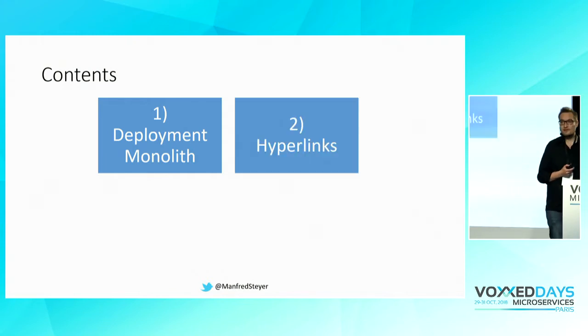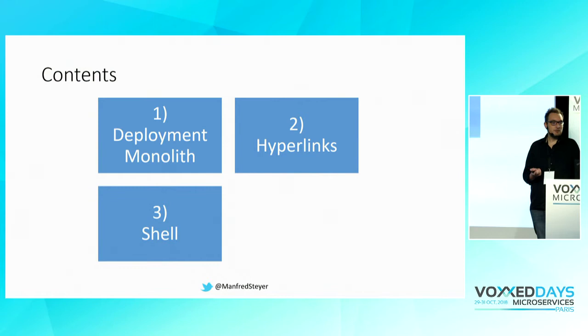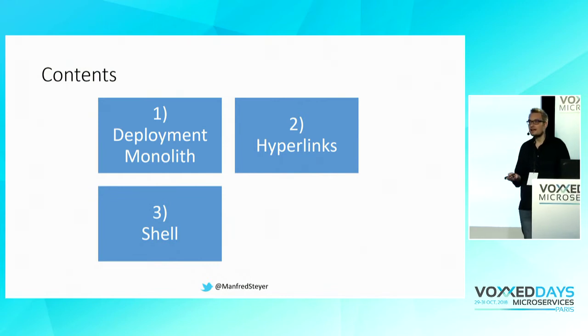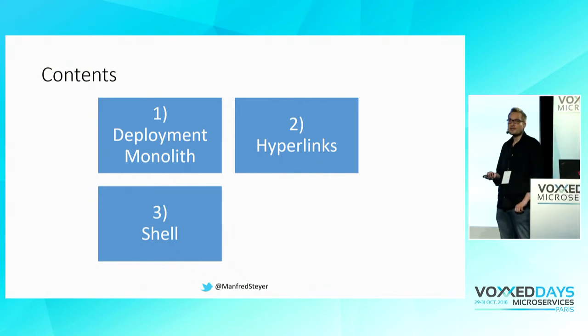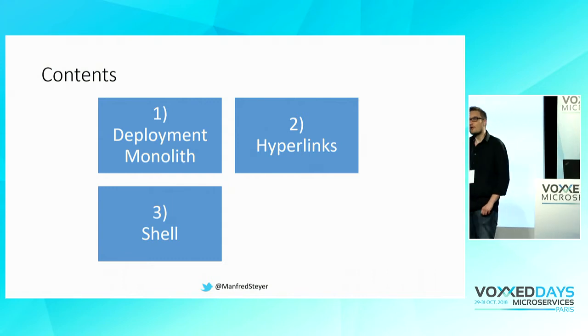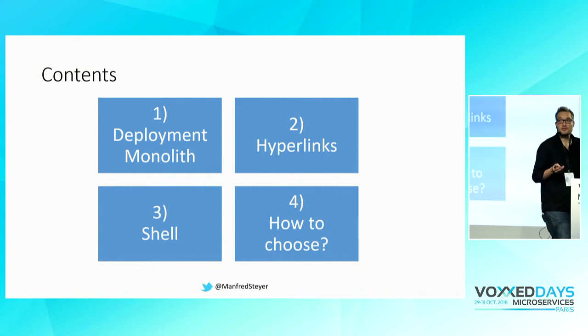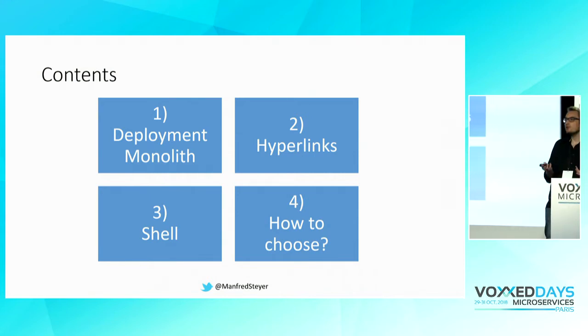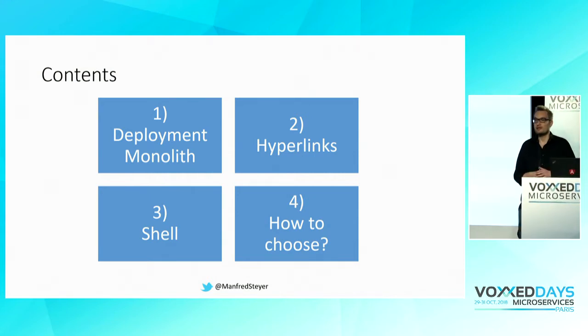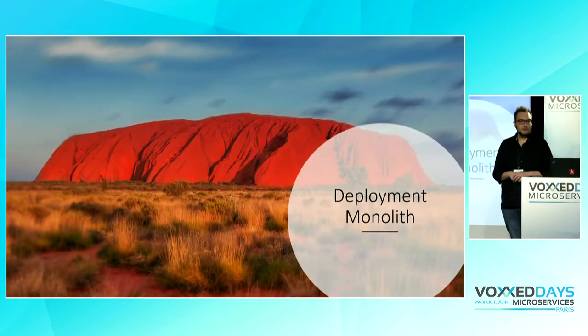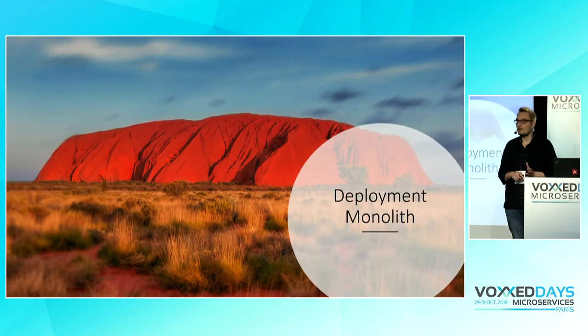After that, we will talk about hyperlinks, and then we will talk about creating a shell, a single-page application shell that can load further single-page applications. And at the end, I will give you some guidance on how to choose the right approach for your needs. But first things first, let's start with the deployment monolith.